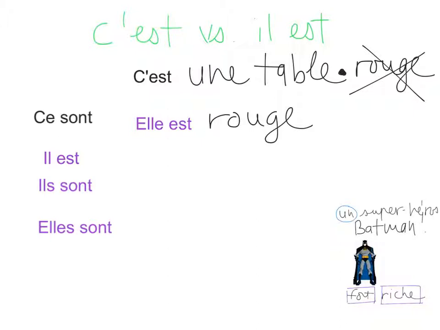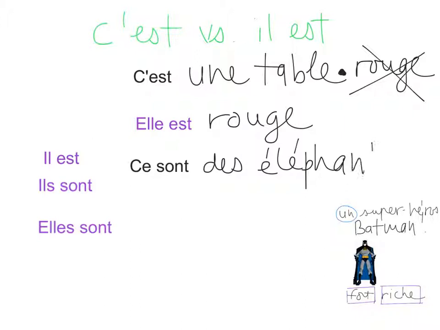Let me give you a few other examples. Ce sont, we are going to use a noun here, right? So ce sont, plural, ce sont des éléphants. These are elephants. I can even say ce sont des éléphants rouges. These are red elephants. Why not?